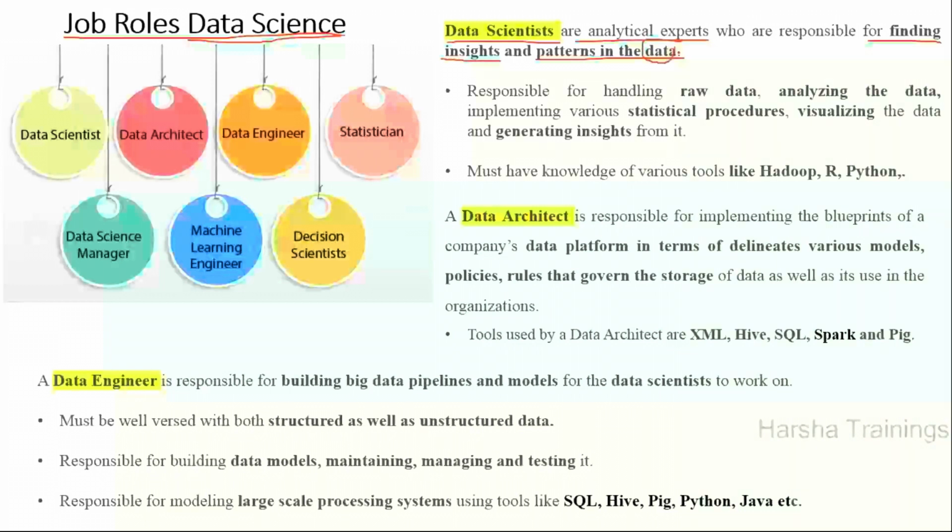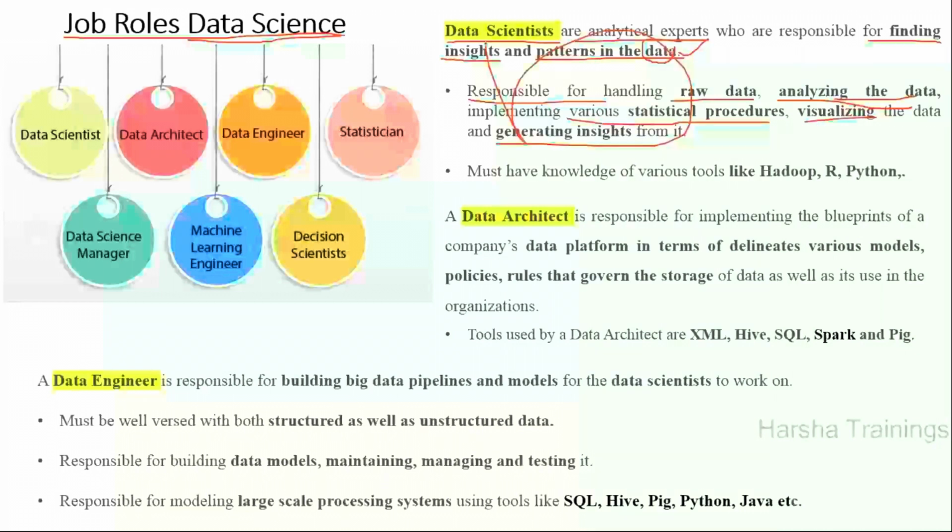I have done two to three case studies and shown how to find insights or hidden knowledge from data sets. The main responsibility of data scientists is handling the raw data and analyzing it. Yesterday I told you about data pre-processing, aligning the data, implementing various statistical procedures, visualizing the data, and generating insight. This is the basic purpose of a data scientist.